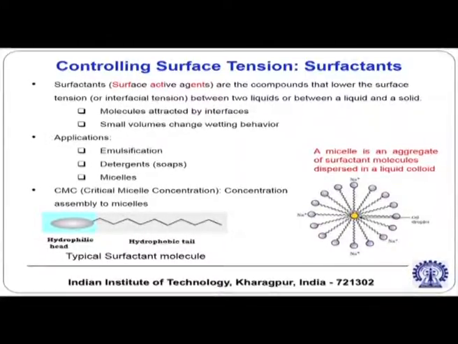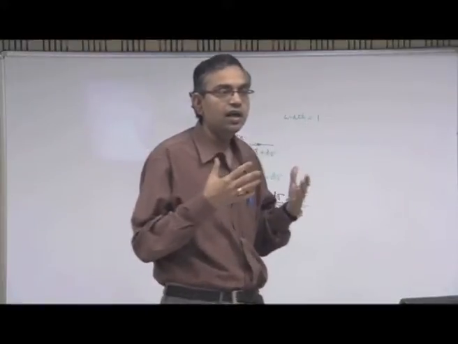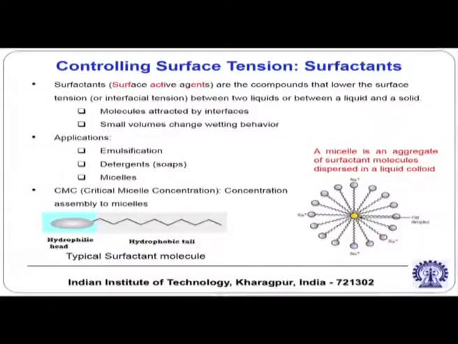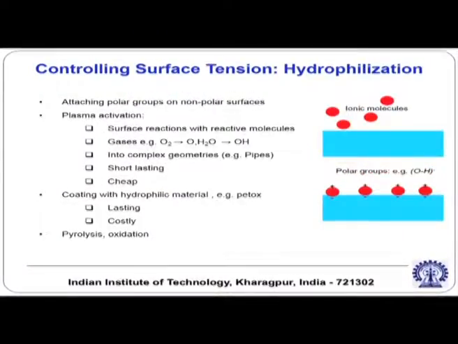So basically adding surfactants is a way of controlling surface tension by making a change in concentration by adding surface active agents.